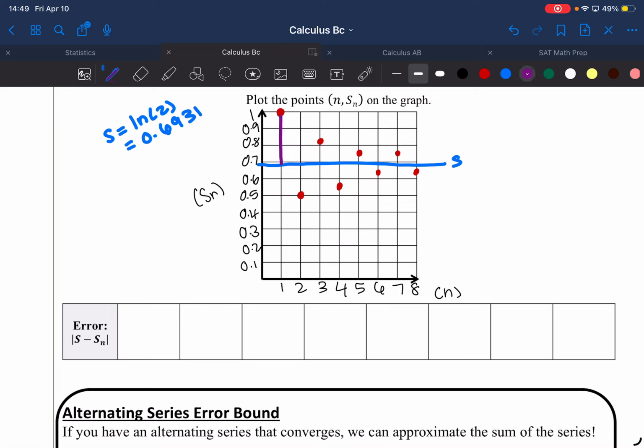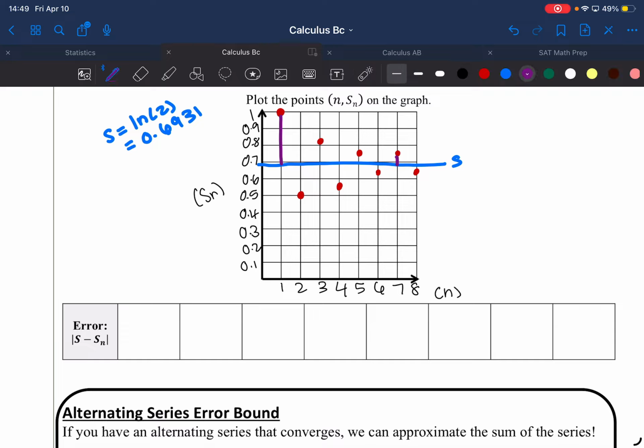Notice that this distance is a lot larger than this distance. Okay, which means the error is going to be a lot larger here and a lot smaller here. Okay, we want our error to be as small as possible. That means we are using our approximation to get as close to our actual answer.